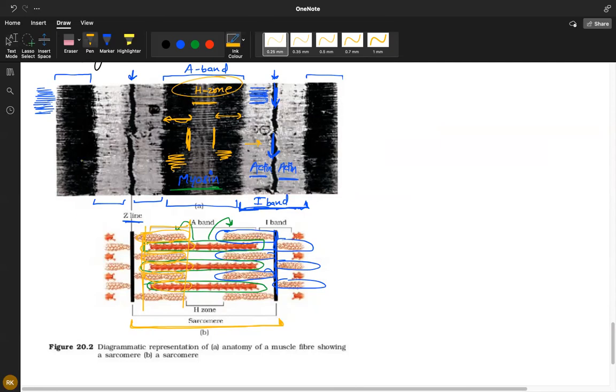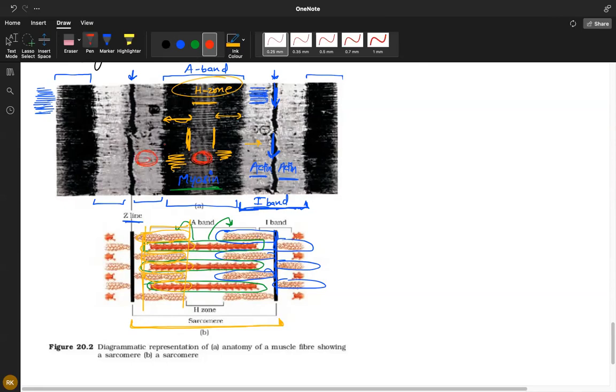And can you see that it gives a black and white appearance? So this is what gives skeletal muscles their characteristic striated appearance if you look at it from outside. When you look at it under the microscope, it is because of the density of actin and myosin. Where both are present together, it's darker, or where only myosin is present, there also it's comparatively darker.